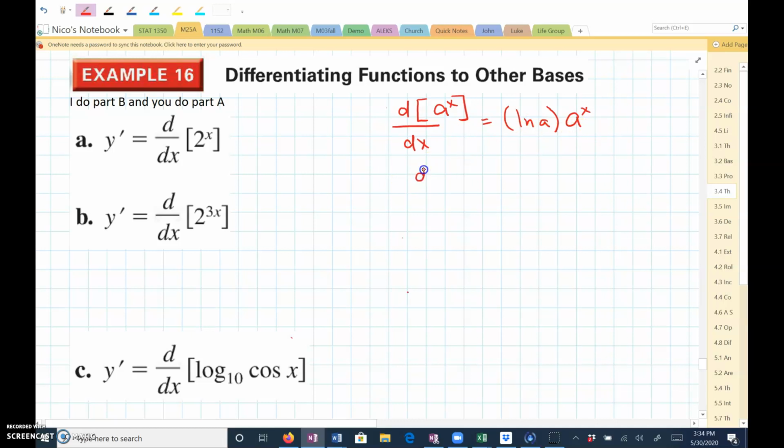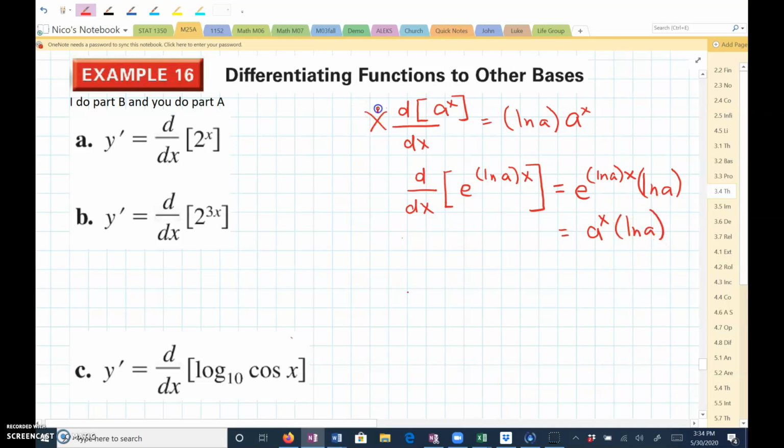Or you can use the derivative of e to the natural log of a times x, and then the rule here would be e to the natural log of a times x, times the natural log of a, which would end up being a^x times the natural log of a.